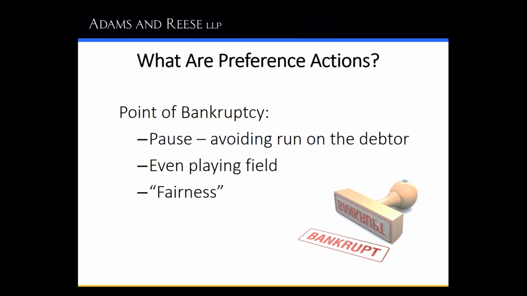The bankruptcy courts administer the bankruptcy code. The bankruptcy code sets out a lot of things in accordance with congressional policy. The congressional policy for bankruptcy has several aspects, some of which really impact this question of preferences.